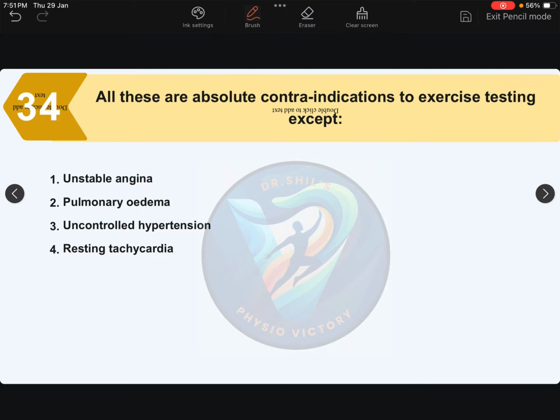Here the correct answer is option 4 resting tachycardia. Resting tachycardia में एक्सरसाइज बेसिकली किया जा सकता है. बाकी इन तीन ऑप्शन में, इन तीन केसेस में एक्सरसाइज इज contraindicated, absolute contraindicated.